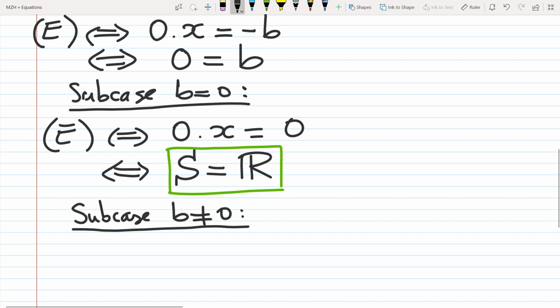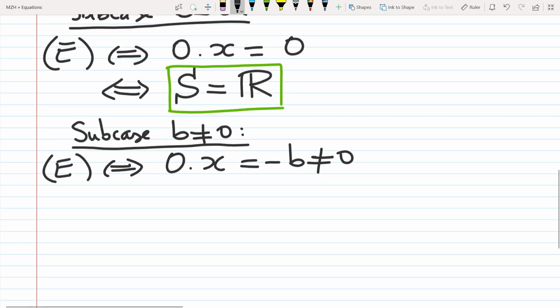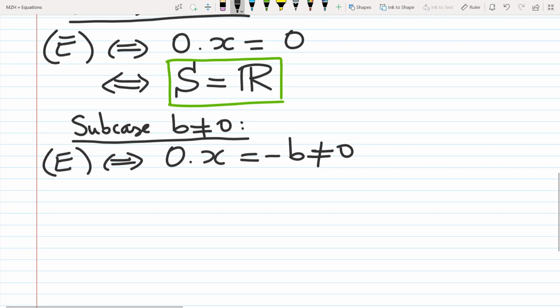In that case, we will have E is equivalent to 0 times x is equal to minus b, but minus b is different from 0, which is a contradiction because 0 times x has to be 0.